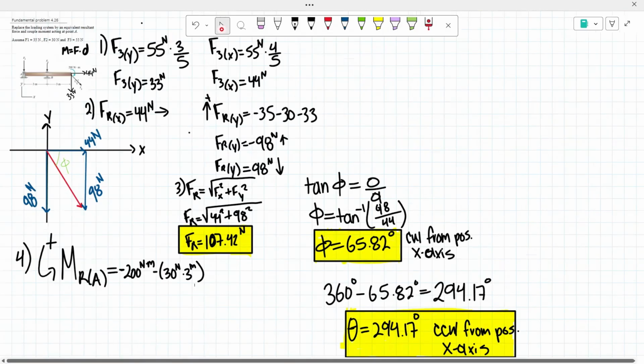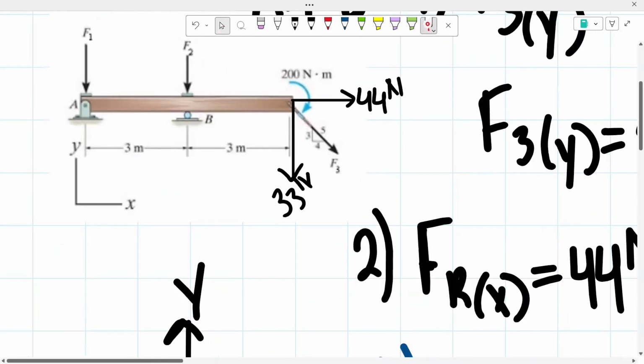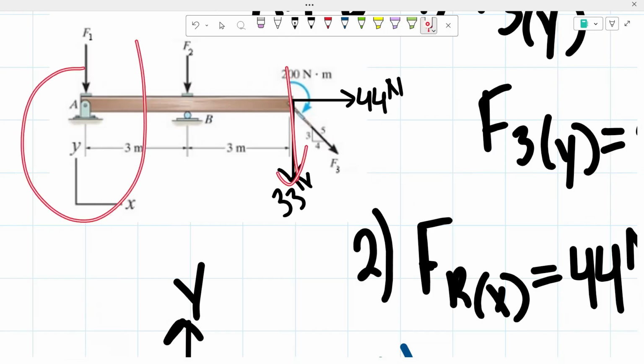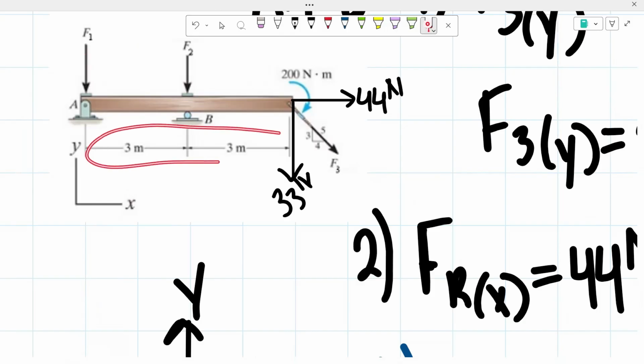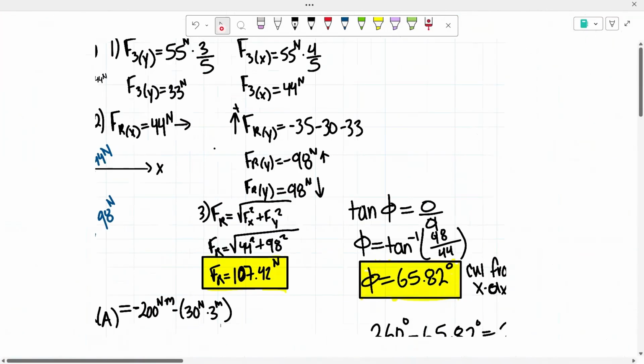And then from there, we have our F3, our y component of it, of 33 newtons. As you can see, this one's also going downwards, so it's also going to be creating that clockwise moment, meaning a negative moment. But our distance for this one is going to be 6 meters since it's this 3 meters plus this 3 meters, giving us a total distance of 6 meters.